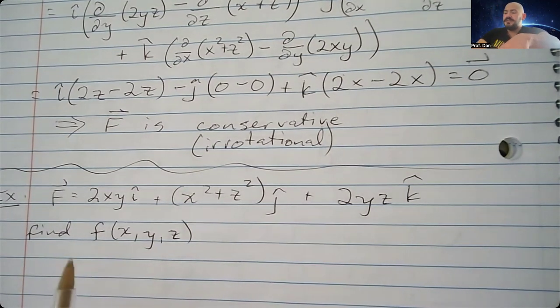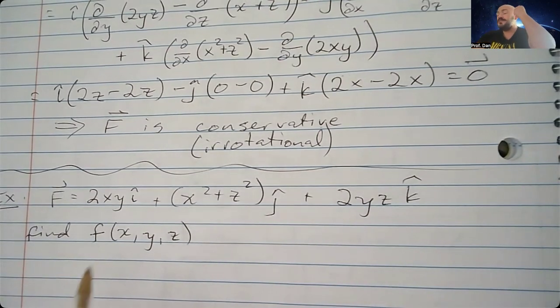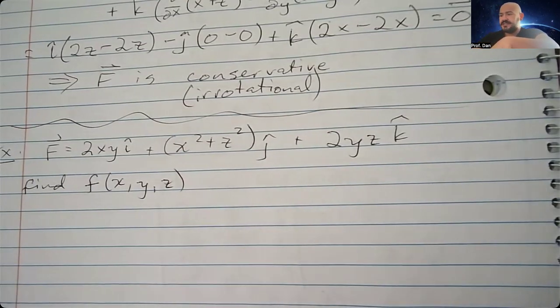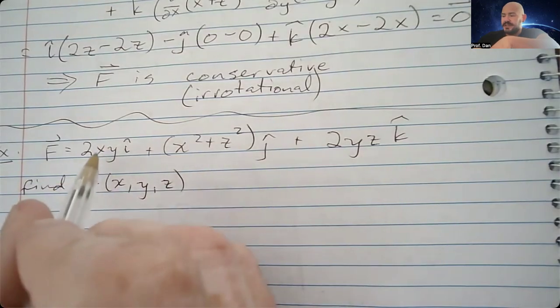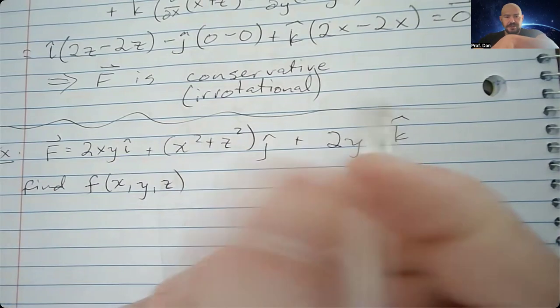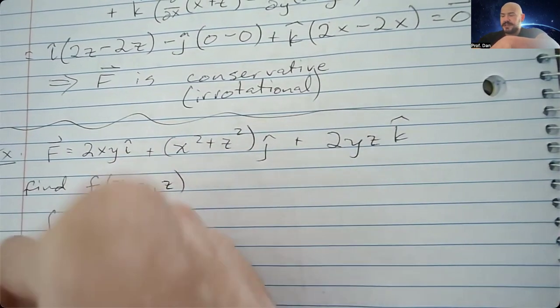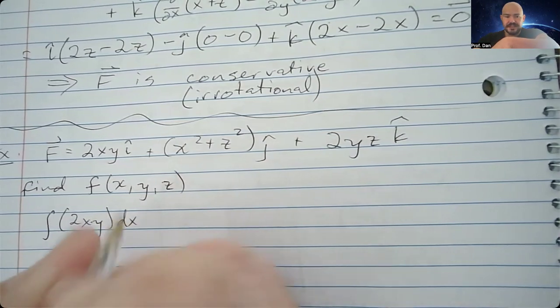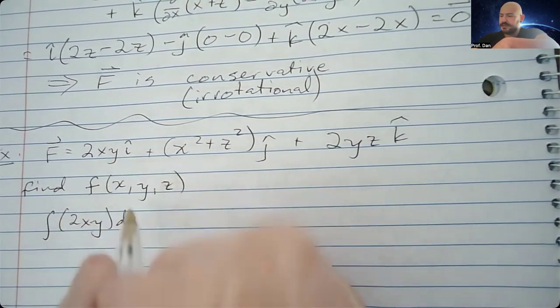All right. So anyway, if I want to find the potential function, as I mentioned before, it's going to work pretty similar to the 2-dimensional case, where we're taking the integral with respect to the appropriate variable for each component. So I would take the integral of 2xy with respect to x, because that's my i component.